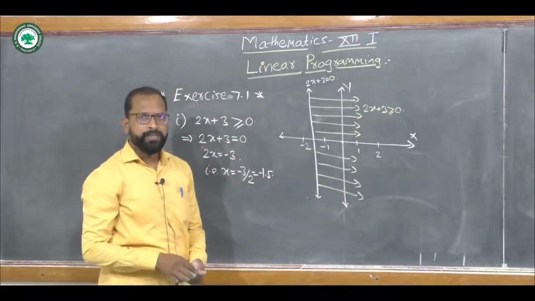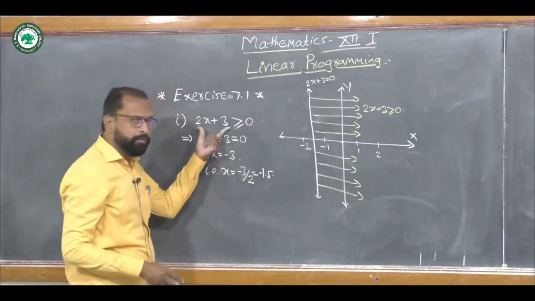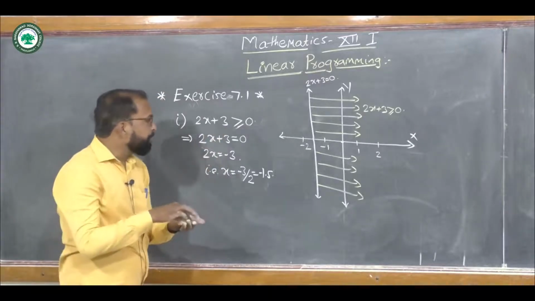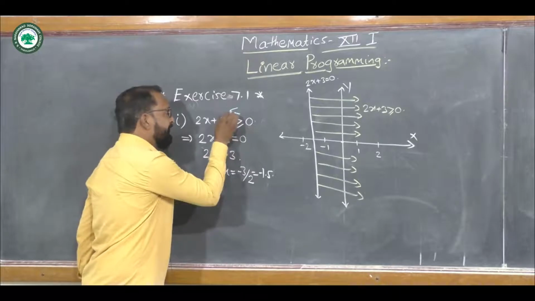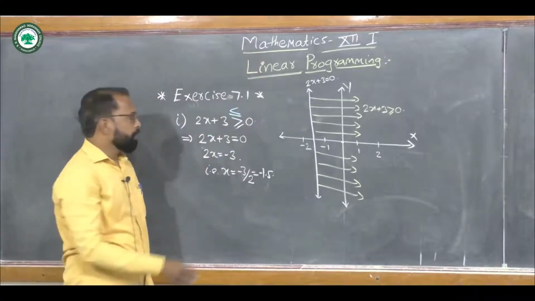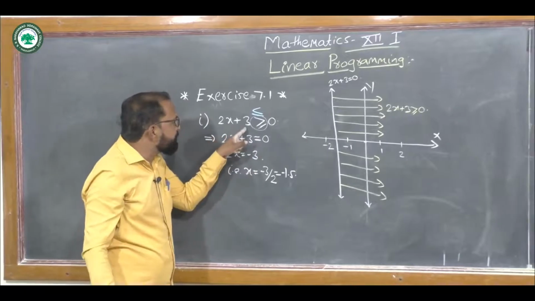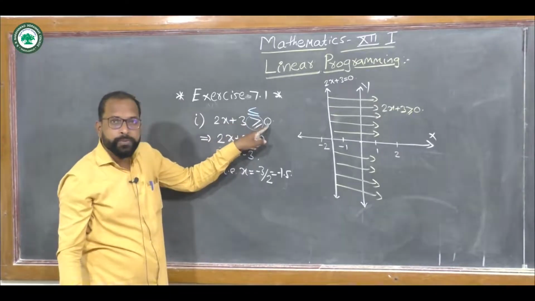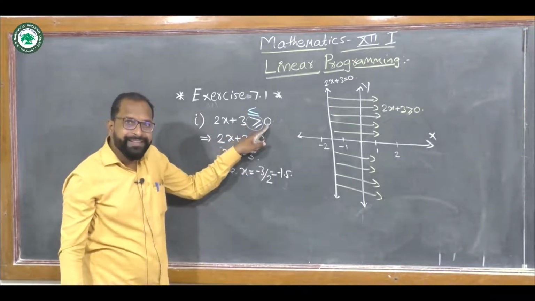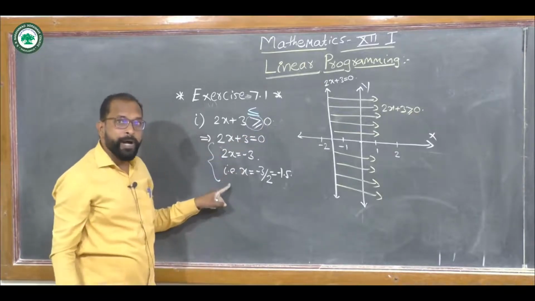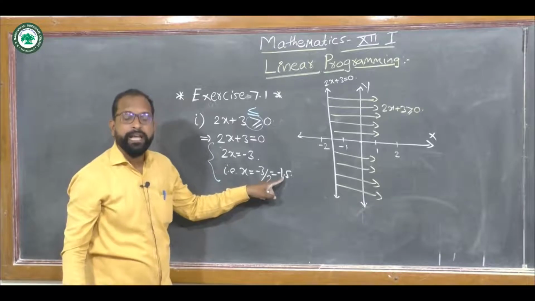Now suppose we are given an inequality of the type less than or equal to. Here we consider the inequality 2x plus 3 is less than or equal to 0. In that case, everything up to finding the equation of the line is the same.